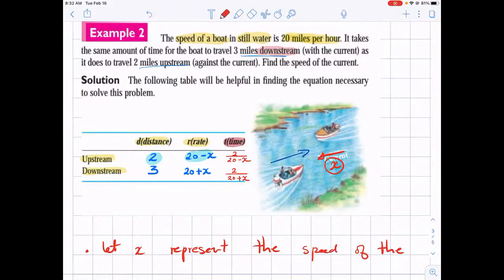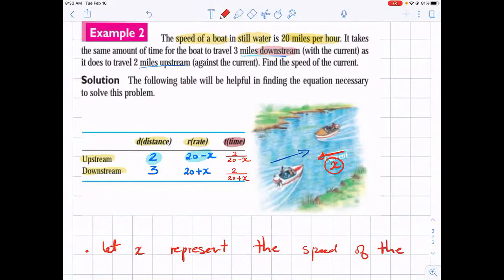But how do we get two equations? Well, if we read the problem once more, the speed of a boat in still water is 20 miles per hour. It takes the same amount of time to travel 3 miles downstream as to travel 3 miles upstream.